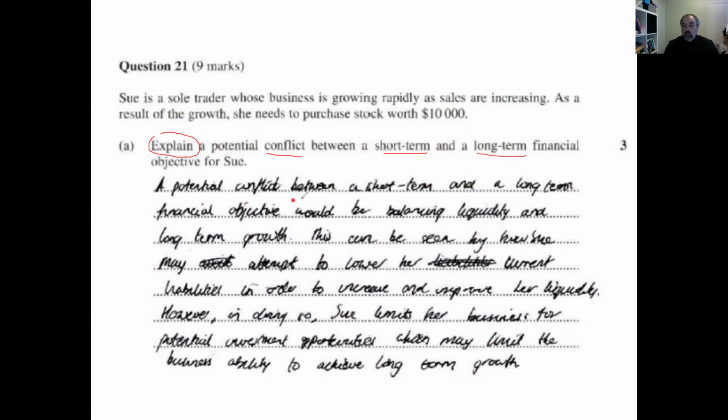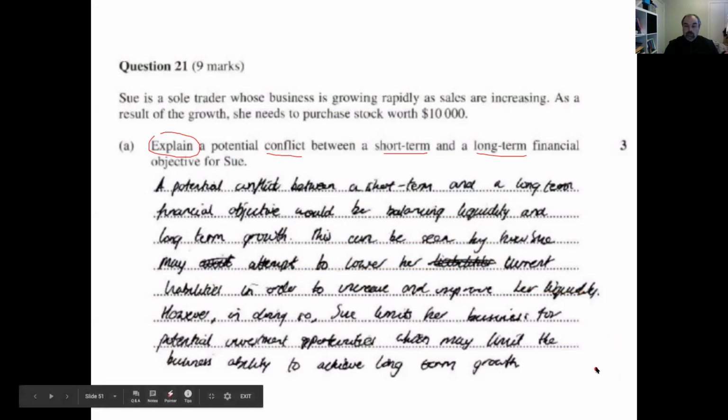A potential conflict between a short-term and long-term financial objective would be balancing liquidity and long-term growth. Straight away, we've attacked the question. So what's the conflict they've identified? That there's a problem with liquidity in the short term and growth in the long term. This can be seen by how Sue may attempt to lower her current liabilities in order to increase and improve her liquidity.